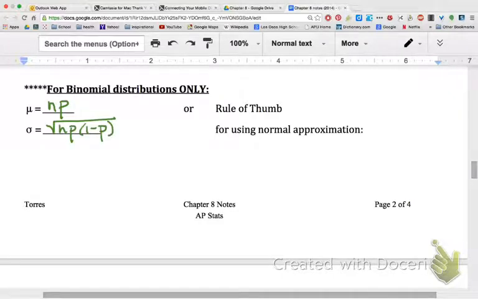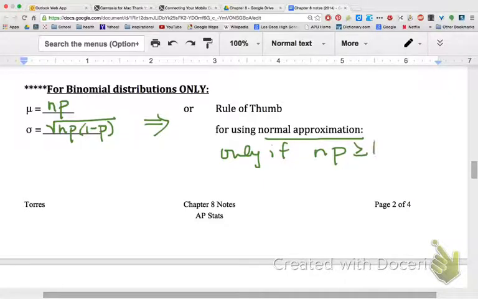Now, I can switch to normal approximation, but I have to check a couple of conditions. And that is that n times p has to be greater than or equal to 10, and then n times 1 minus p also has to be greater than or equal to 10.